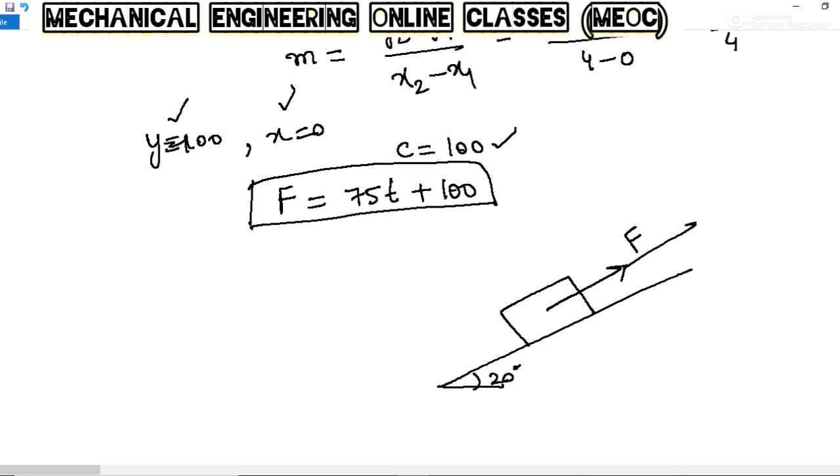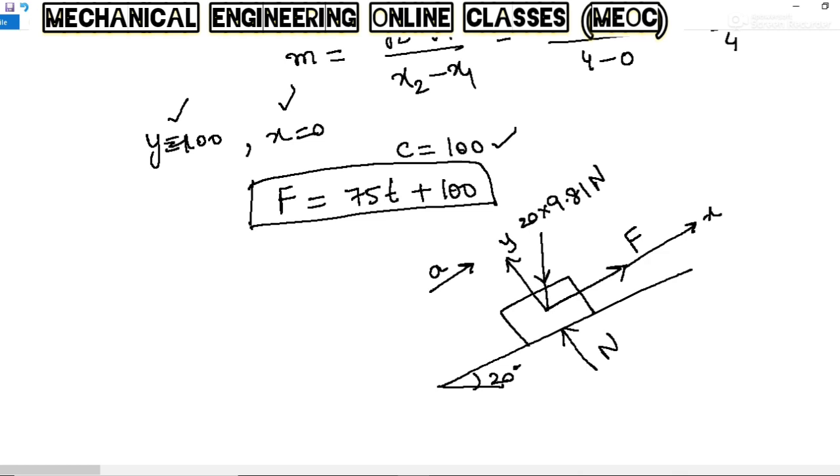Let this be the x-axis, let this be the y-axis. There is a normal reaction here, N. The weight of the object is 20 kg, so I am converting that into Newton. It will be 20 into 9.81 Newtons. Because the object is pulled up, the acceleration will be upward and in the direction of the force.